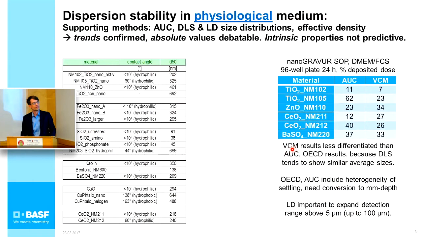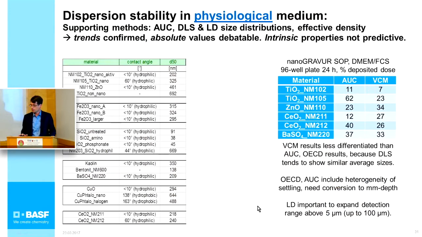However, with the VCM method, we can assess quite easily the differences, and we can perform modeling that includes diffusion. In AUC, we don't include diffusion in the modeling. So maybe none is ideal, but then again, the differences are not so dramatic except for this one material, and we all agree that this one has clear differences against the others.